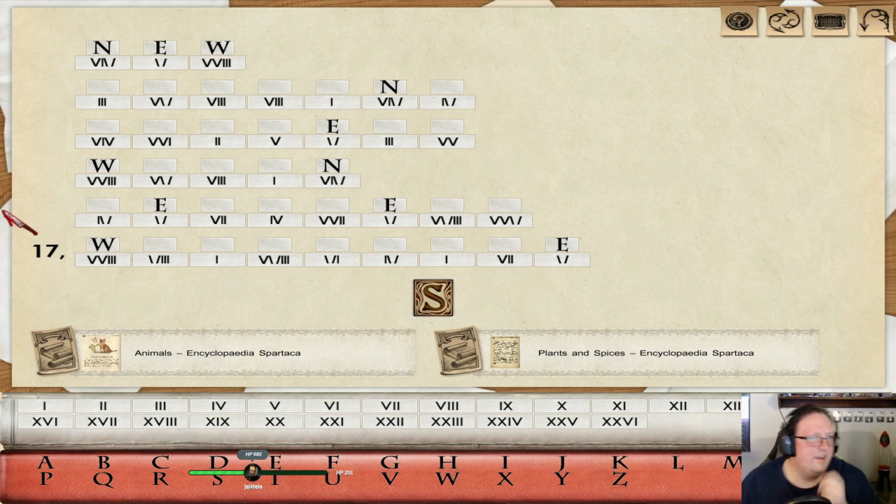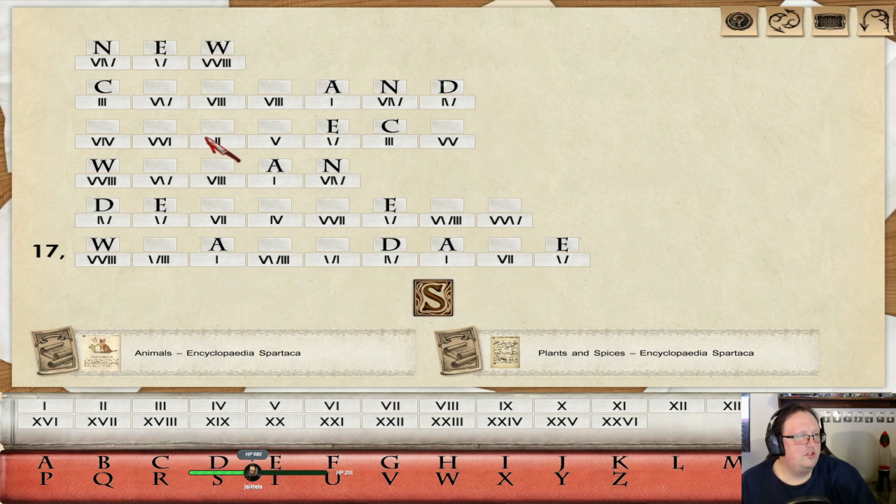Alright, and then 3 is C. I is A. 4 is D. 2 is B. Let's see. 5 is E. I could have sworn I already did that. Oh no, that's an X. That is an X. That's 10. That's J.